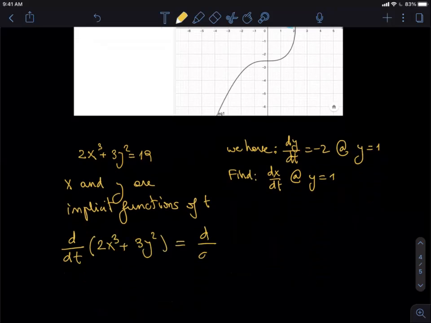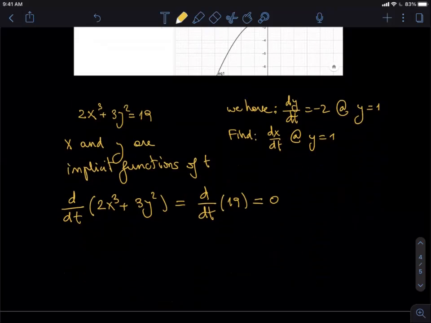It's basically the same idea we have been doing with a little twist. So we differentiate both sides with respect to t. And now we have 2 times 3 times x^2. But now because x is a function of t, I need to write dx/dt, plus 3 times 2 times y times, remember, y is a function of t, so dy/dt, equal 0.